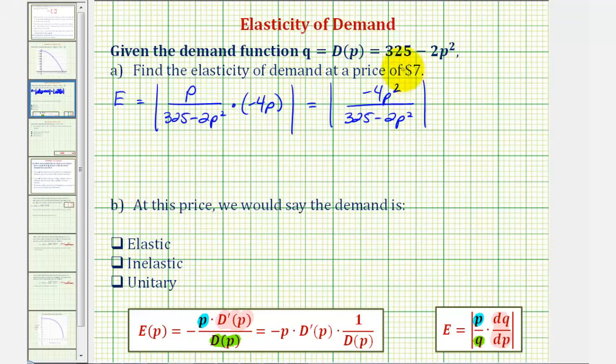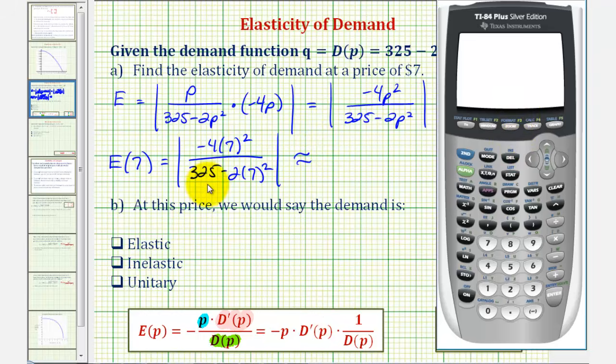And now since the price is 7, we'll find E of 7, which is equal to the absolute value of negative 4 times 7 squared divided by 325 minus 2 times 7 squared. And now we'll go to the calculator. We'll put the numerator in parentheses and the denominator in parentheses.